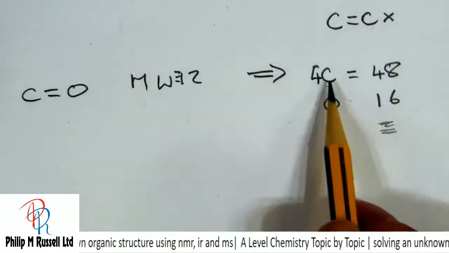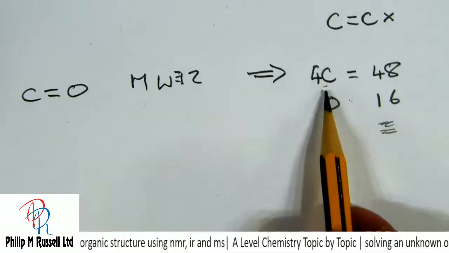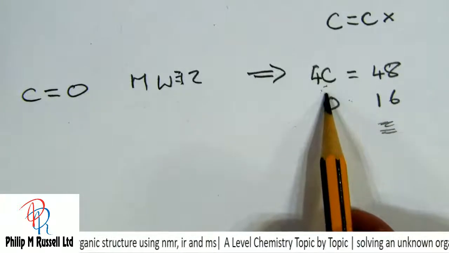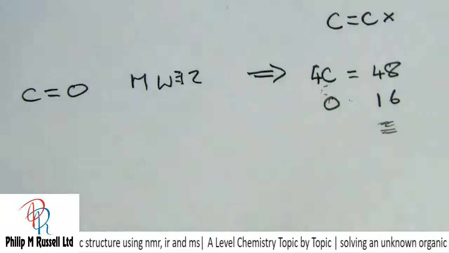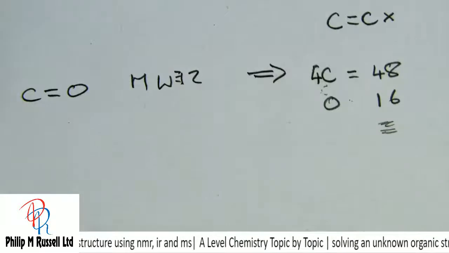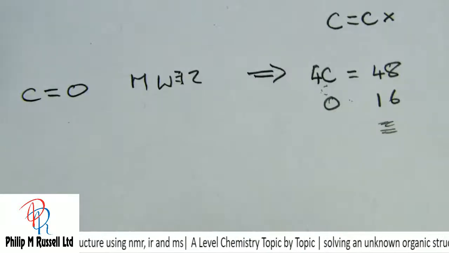I don't think I would manage a 5 carbon there, since that's adding another 12.